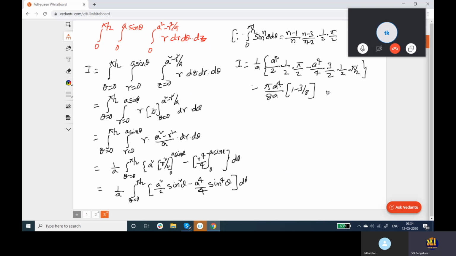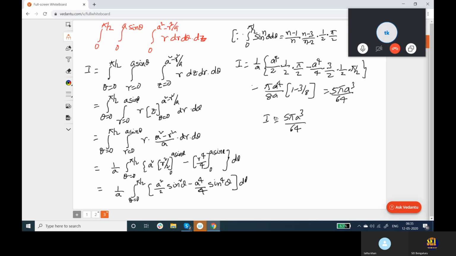So once we solve it, 5 pi a power cube by 64. So finally I is equal to 5 pi a power cube by 64.